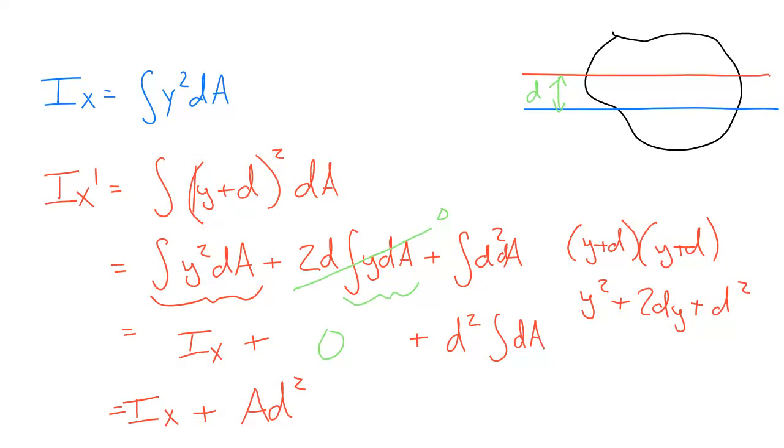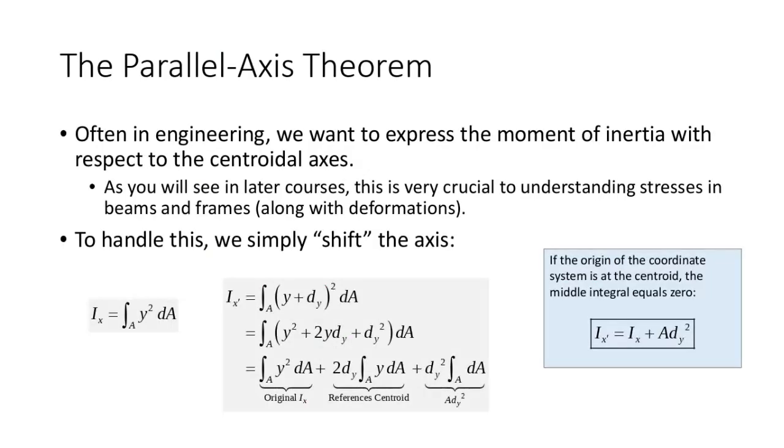Let me go back to the slide here, and you'll see what I'm doing. So here is your base formula for the moment of inertia. If you want to find the moment of inertia with respect to a new coordinate system, you're assuming those coordinate systems have parallel axes, hence the Parallel Axis Theorem.